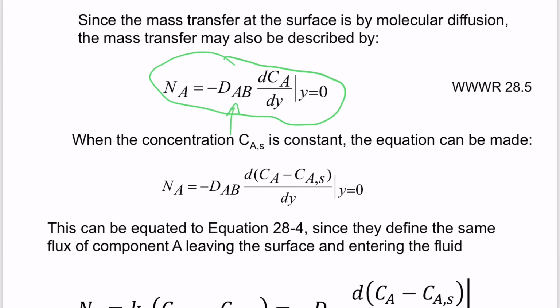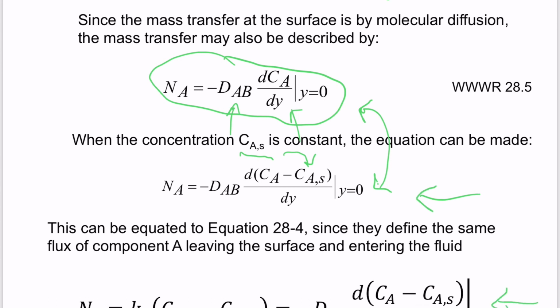It's minus the diffusivity times the gradient at y equals 0. And since the concentration at the surface is constant, I'm just going to plug it in there. And that doesn't change this expression here. They are the same.